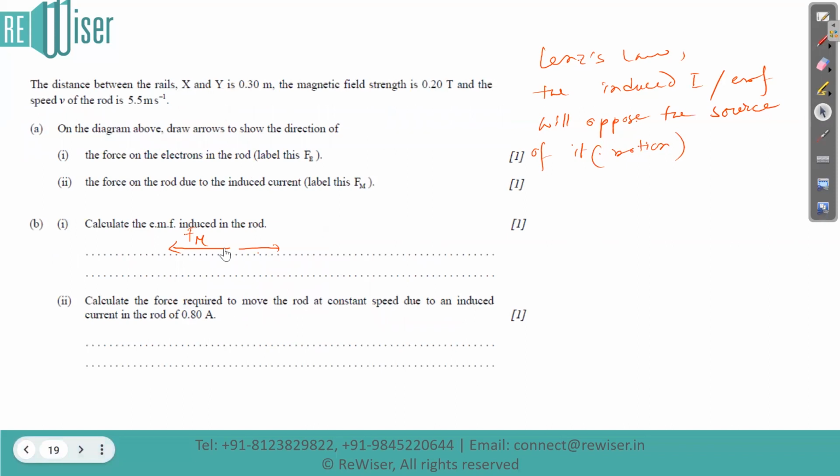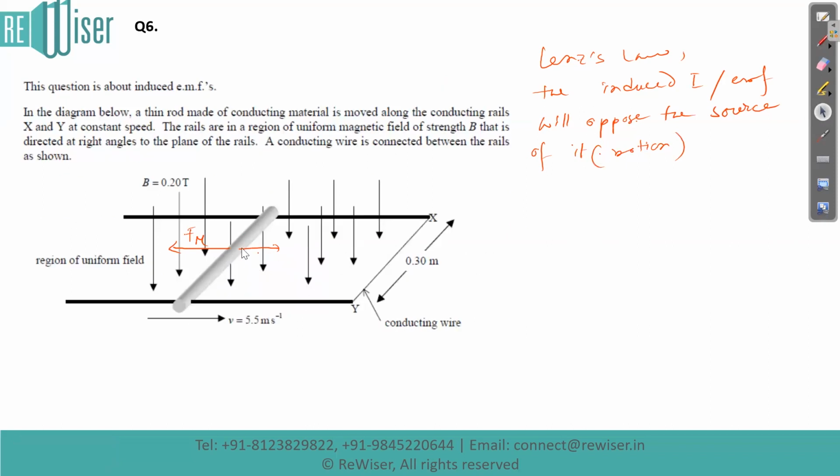Previously, I should have written Fe on the electron. Force applied in this direction is Fe. And on the rod, force applied will be Fm. So that it can oppose the motion, hence oppose the source of itself.